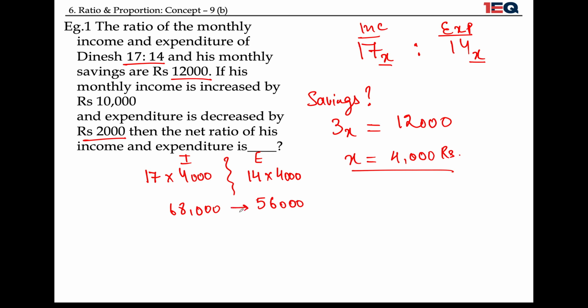So the gap between 68,000 and 56,000 is 12,000. But I won't be using it right now.